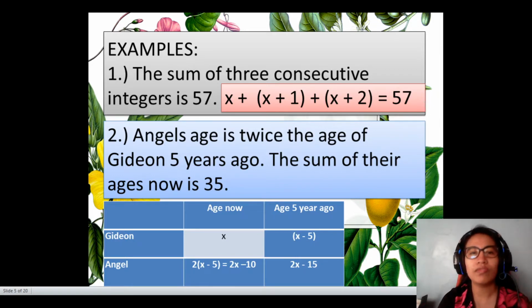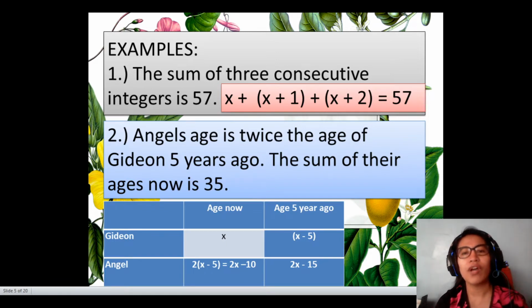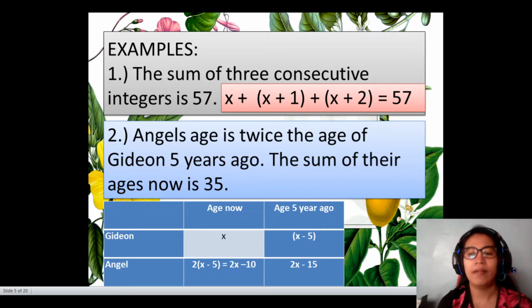And when we solve that, by multiplying, 2 times x will give us 2x, then 2 times negative 5 will give us negative 10. Then we come up with 2x minus 10. So that's their ages now. But their ages 5 years ago for Gideon is x minus 5. For Angel is 2x minus 15.